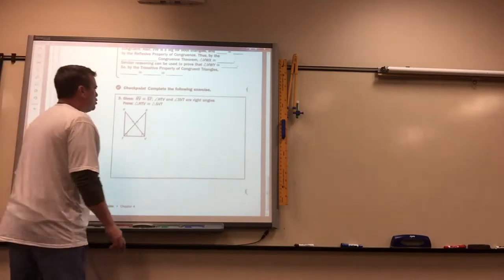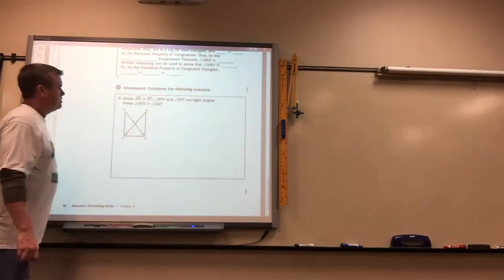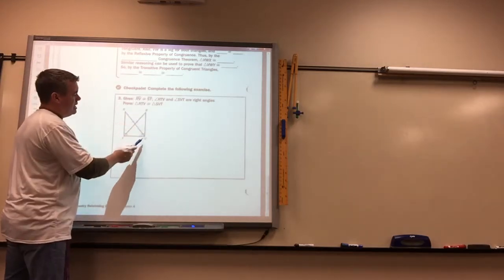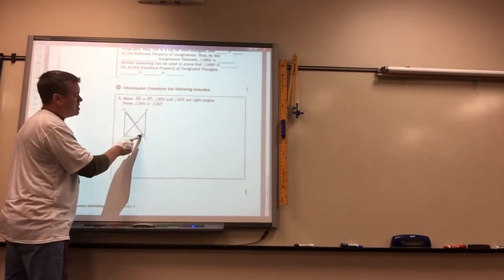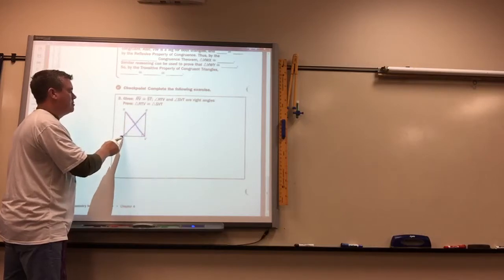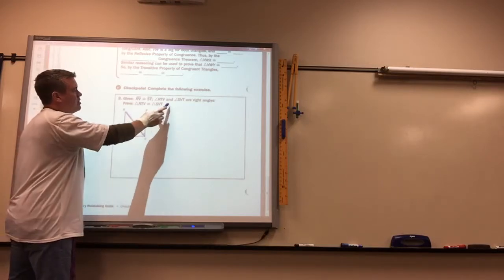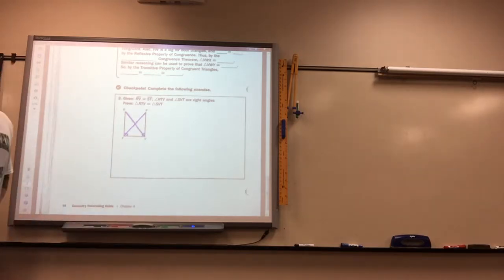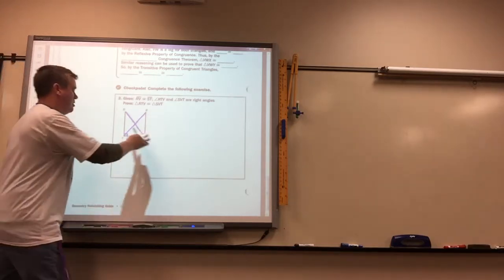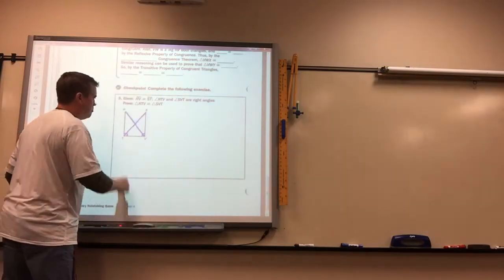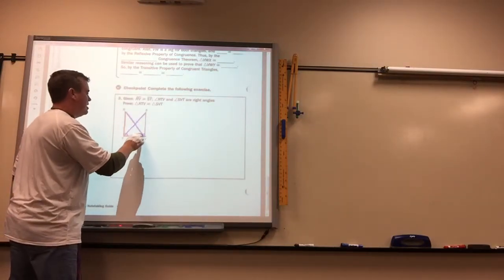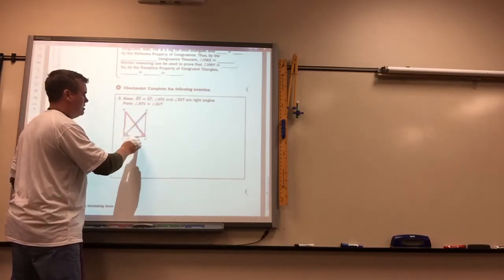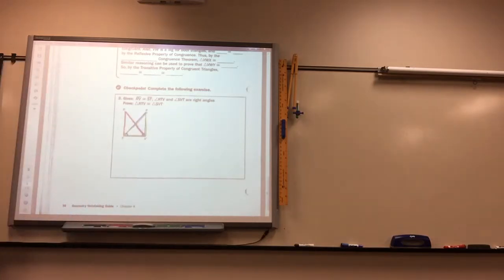So if we had to prove this triangle is congruent, they give us that RV equals ST. So this whole side equals this whole side. And they give us that they're right angles. So what would make these two triangles, RVT congruent to STE?